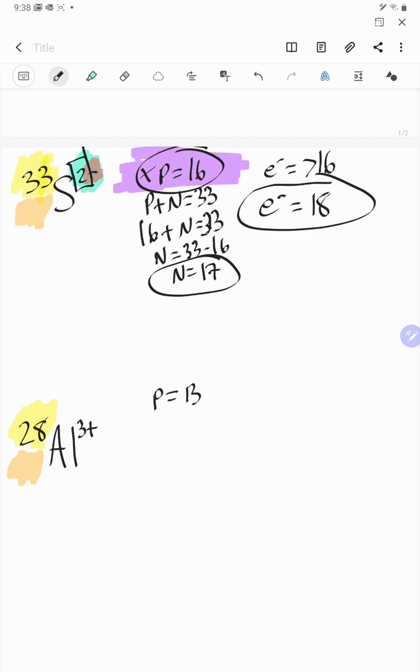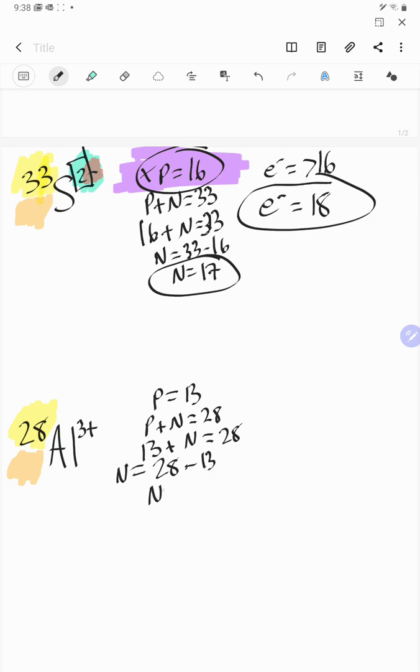Next, we see that protons plus neutrons equals 28 because the mass number is 28. So then I can plug things in. I see that 13 protons plus n equals 28, so n equals 28 minus 13.